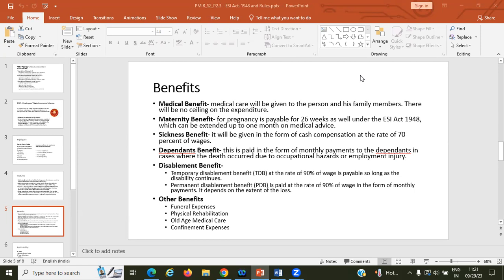Funeral expenses, physical rehabilitation, old age medical care, confinement expenses. There are so many other expenses.